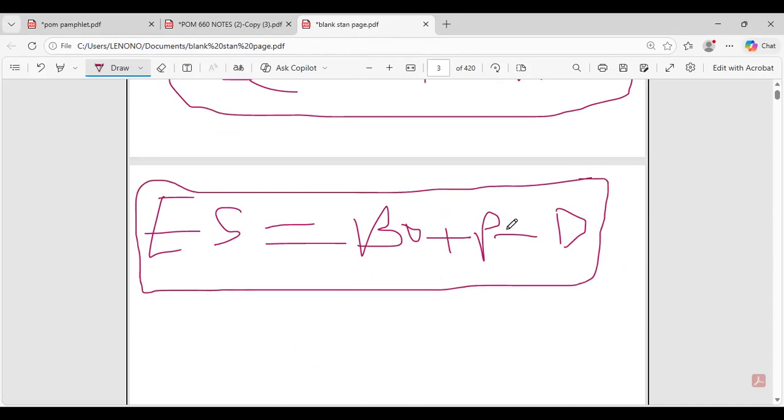So ending stock is equal to beginning stock plus production minus the demand. Is that clear? Mm-hmm. Okay.